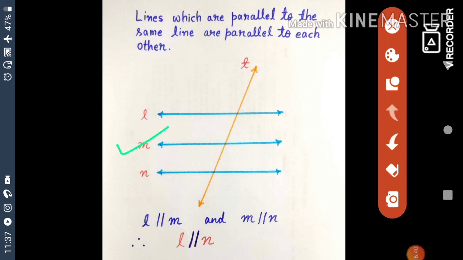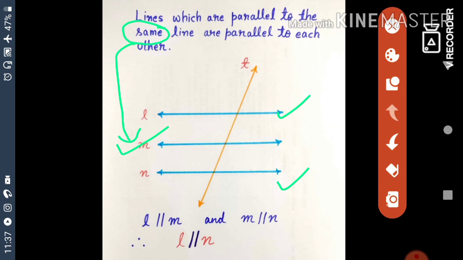Okay, so lines which are parallel to the same line, this same line is what? Line M. Okay, lines parallel to the same line are parallel to each other. So which lines are parallel to this same line? This line L and this line N. These both lines are parallel to this same line M. So in this case, these lines are also parallel to each other.